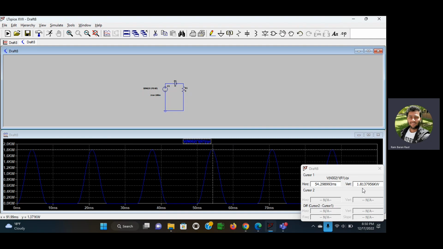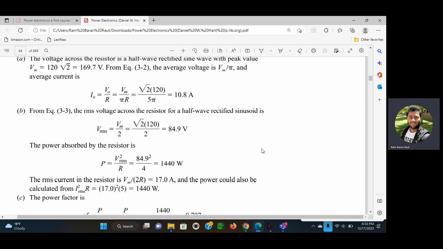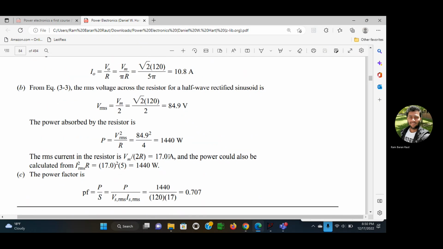So we have 1.8 kilowatt. Let me go over here. So the power here is almost 1.44 kilowatt.